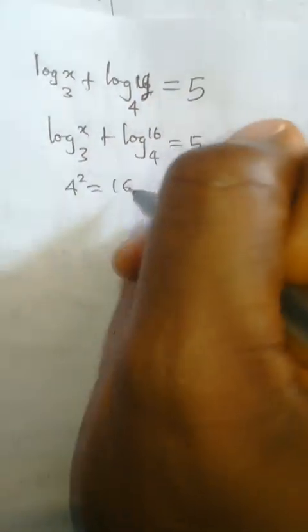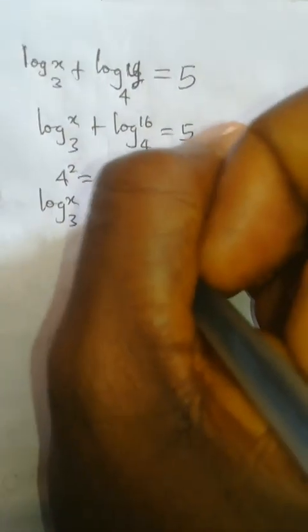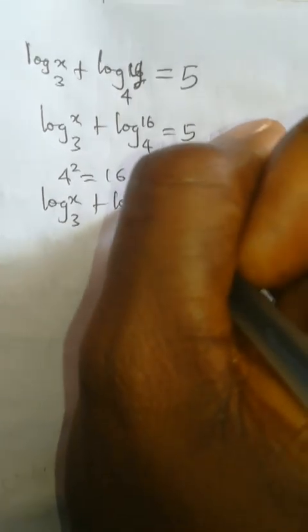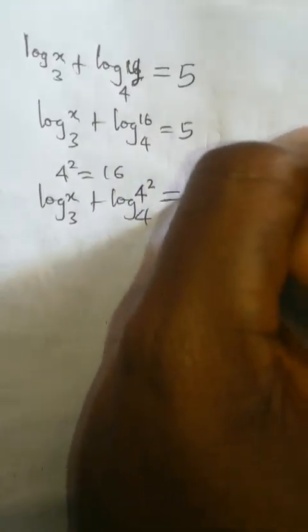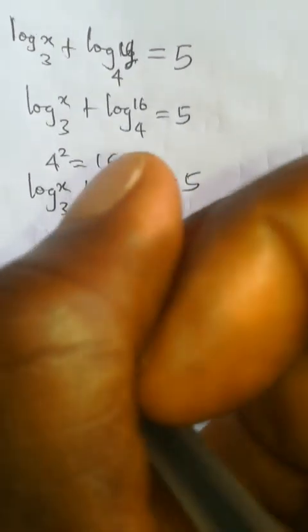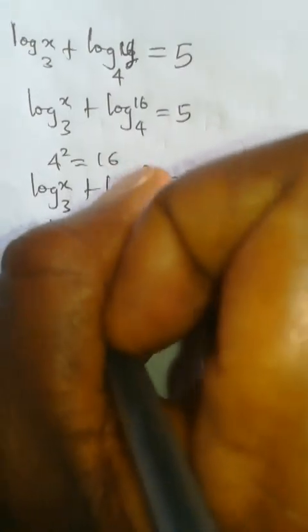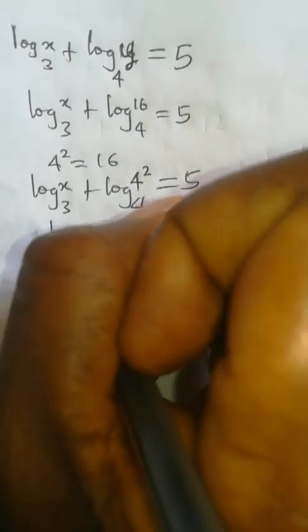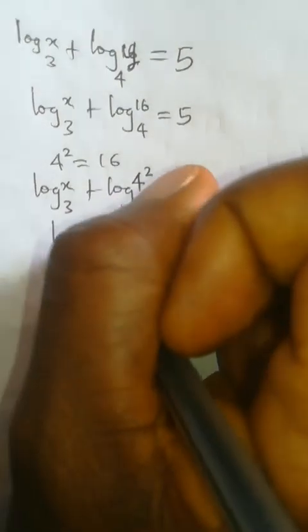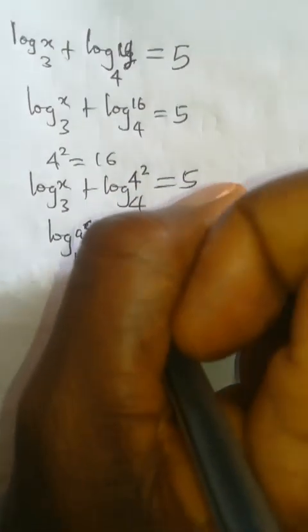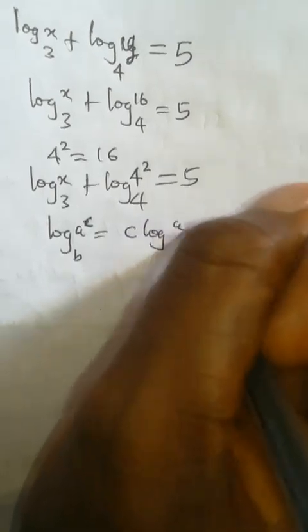We know that 4 to the power of 2 is equal to 16, so we substitute it here. We have log x base 3 plus log 4 to the power of 2 base 4 is equal to 5. And we know that from logarithm, if we have log a base b to the power of c, this can be c log a base b.